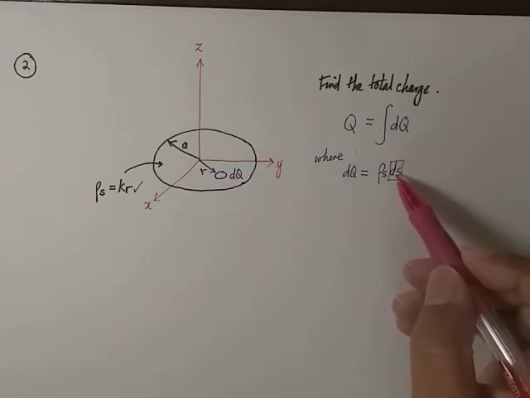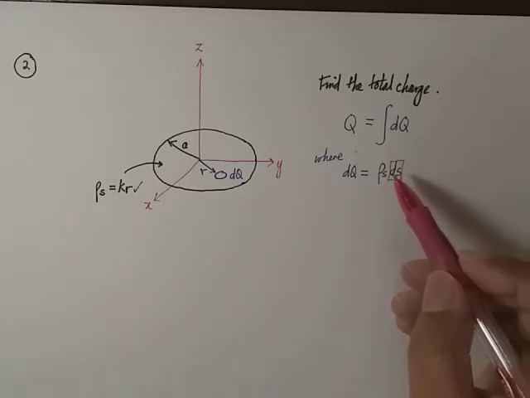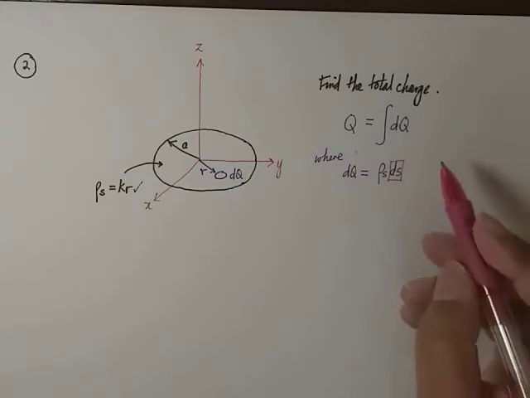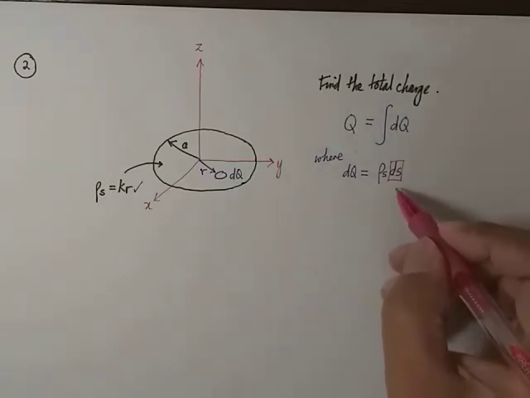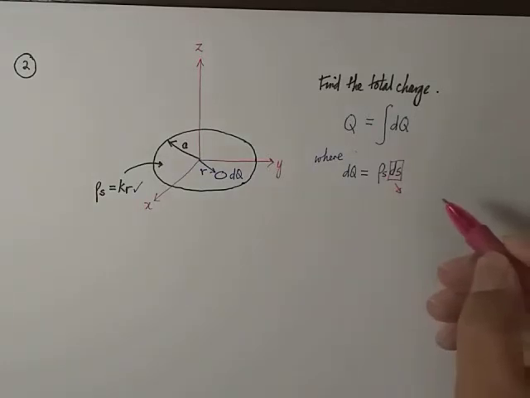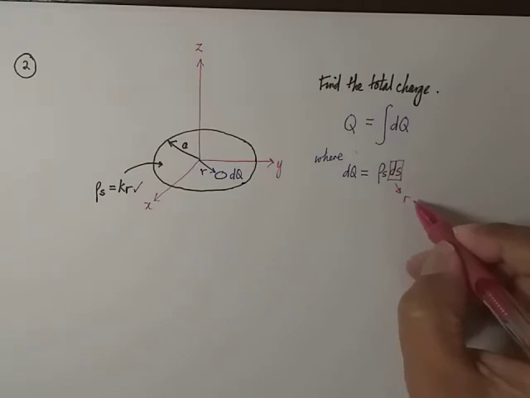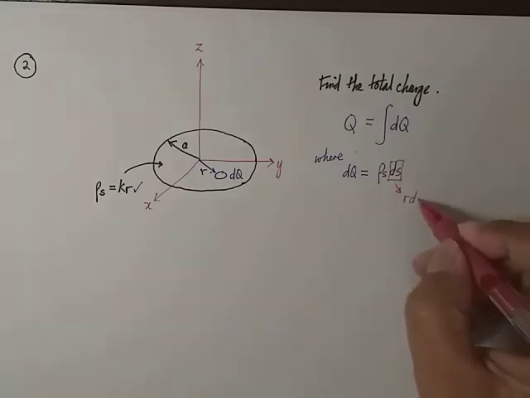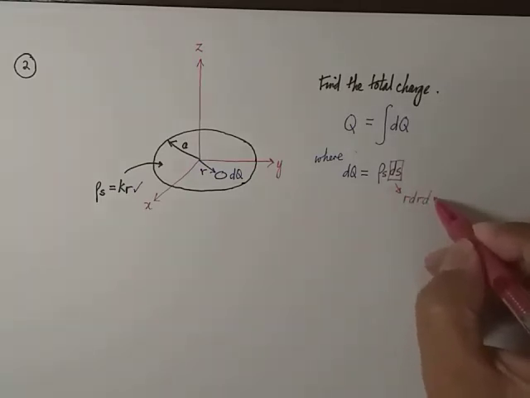Is it dS1? Is it dS2? Or is it dS3? So you have to go back to your box structure, and from the box structure we can see that since this dS depends on r and phi, it should be taken from surface model number 3, which is r dr dphi.